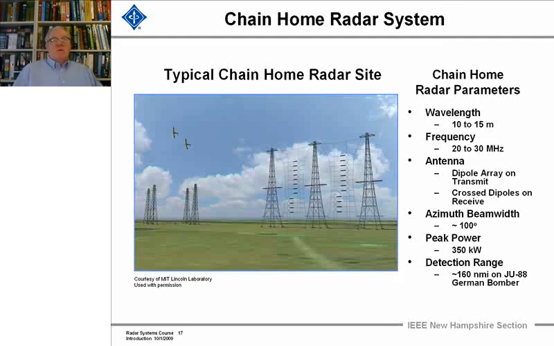And that technical paper has very crude drawings, not at all of this beauty. With permission of MIT Lincoln Laboratory, we're allowed to use it. And a British radar expert has told me that this is probably the best visualization of the Chain Home radar system that he's ever seen.